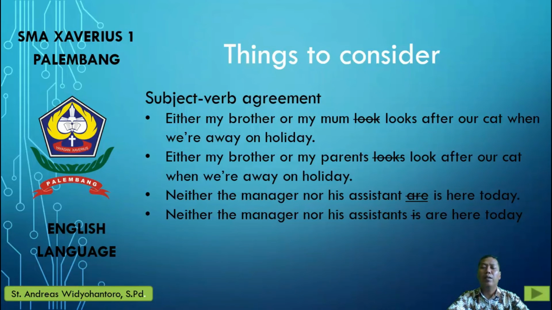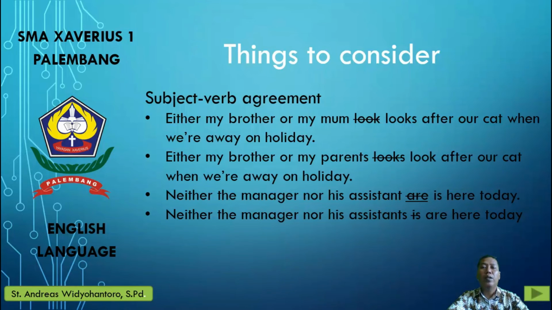Things that you have to consider in writing or speaking using these expressions. The first is subject-verb agreement. Either my brother or my mom looks after our cat when we are away on holiday.